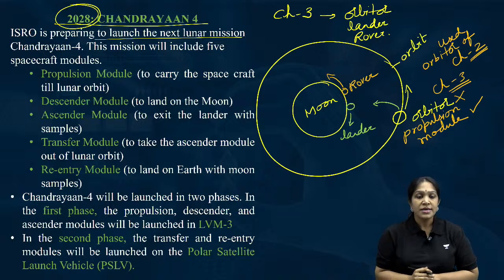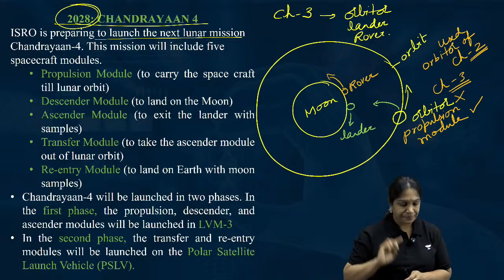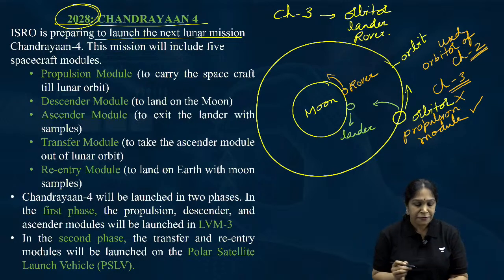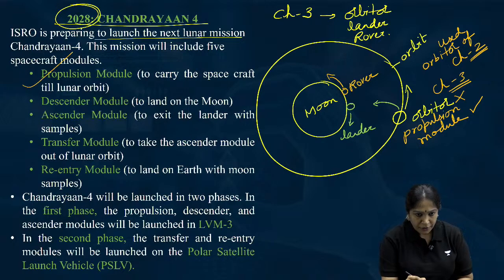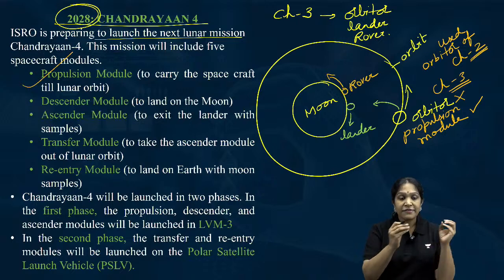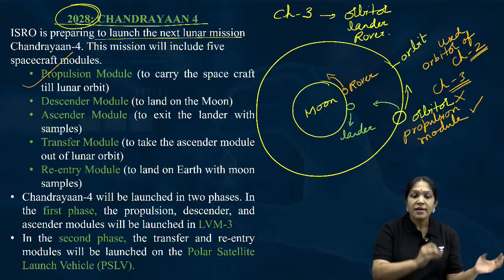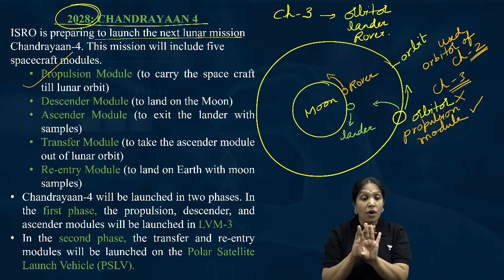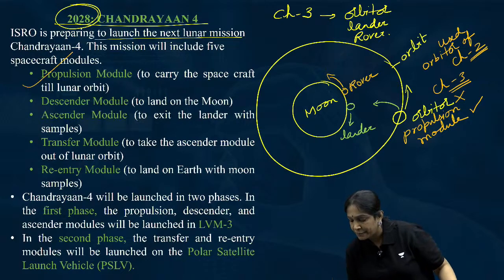Now, coming to Chandrayaan 4. In Chandrayaan 4, you will have a propulsion module. What is the task of the propulsion module? It will carry the Chandrayaan 4 till the orbit, not orbiting. It will carry, look at here, like this.